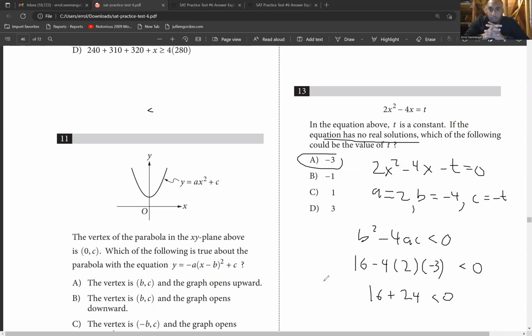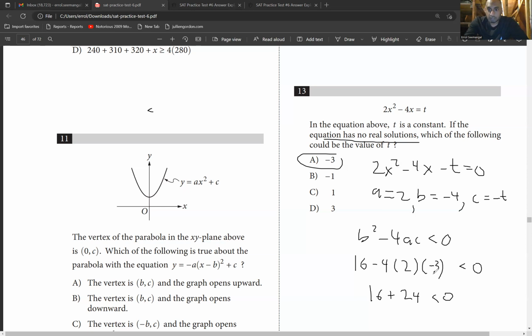Where did that mess up there? Sixteen plus 24 is 40, which is greater than 0. For 4AC, A is 2, C is -3.